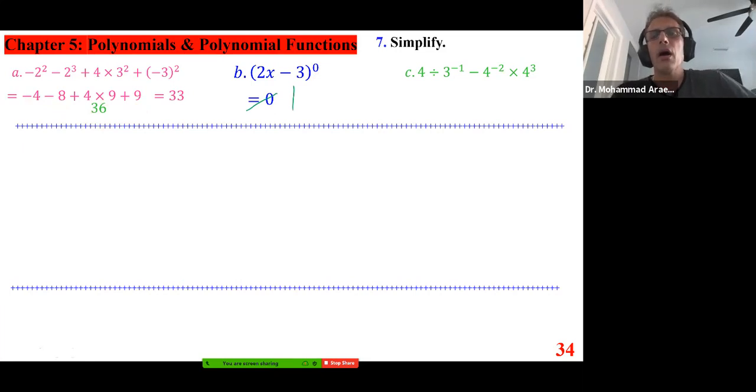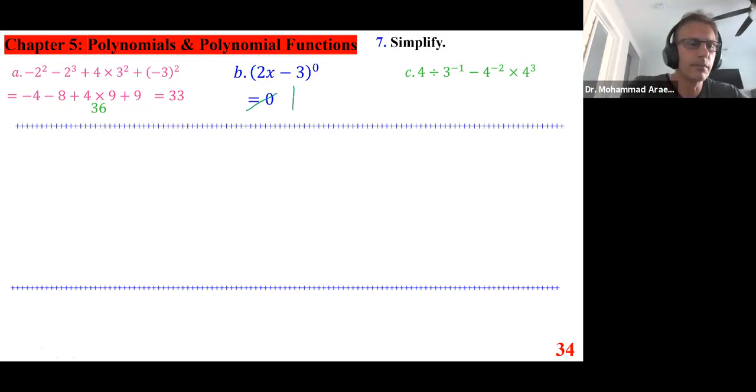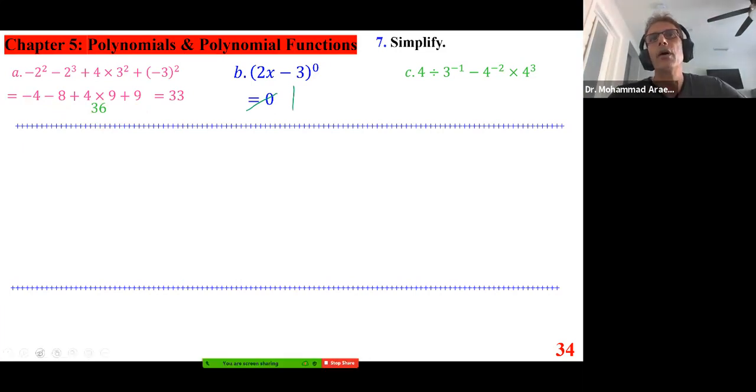All right. We are looking at number 7. Again, we're going to do the order of operations. The very first thing is to change 3 to the power of -1 as 1/3 minus, now these two we can combine them in the following manner, class.